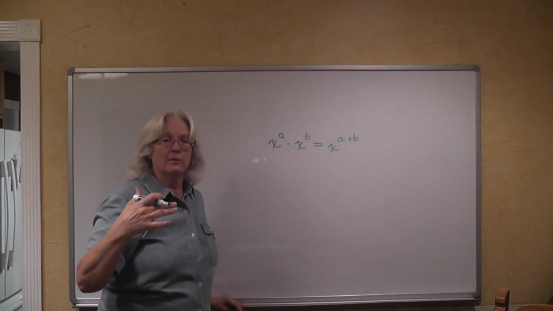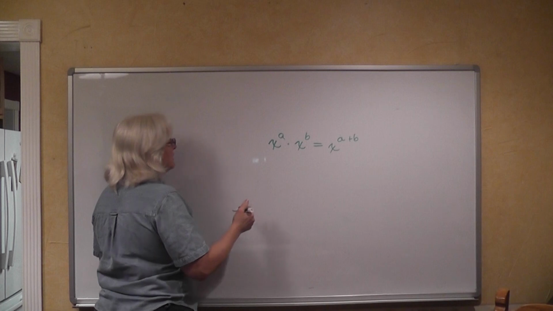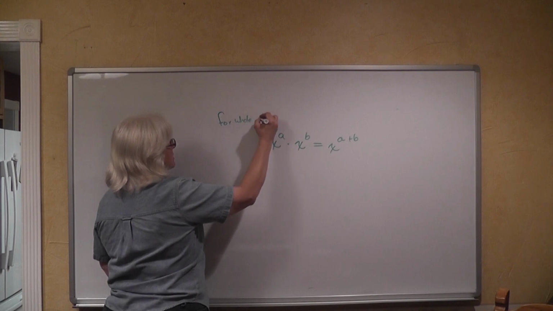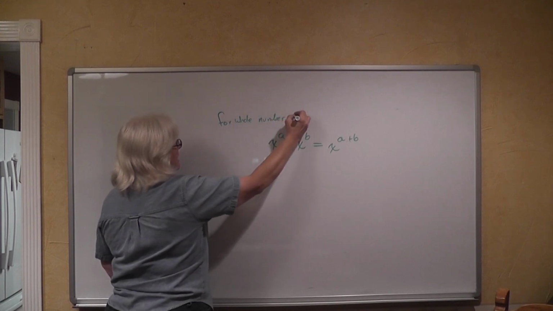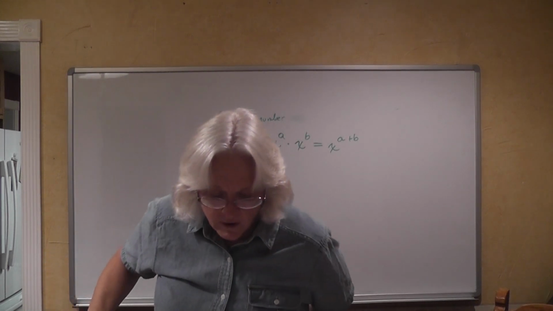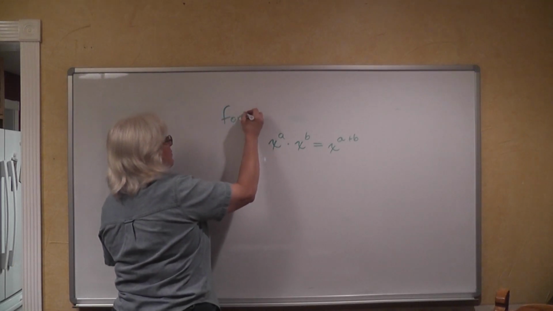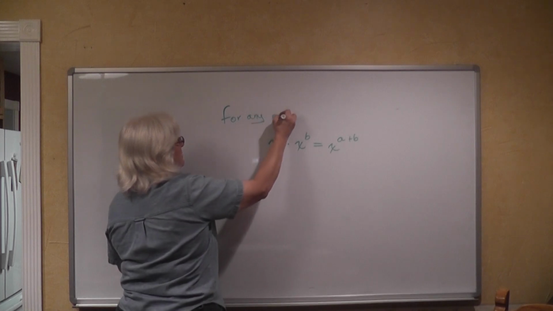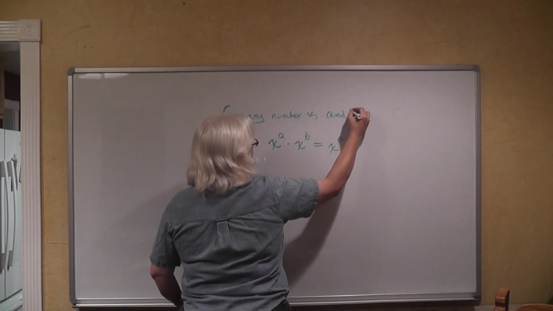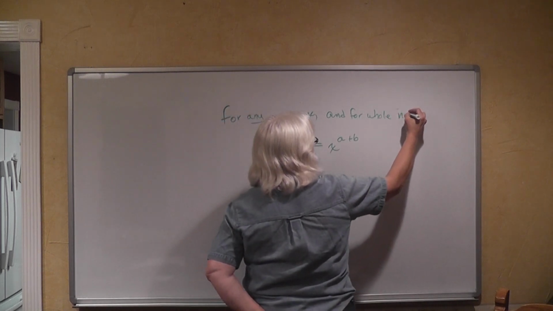And the first part of this definition, where we're multiplying powers with like bases, says: for any number x, and for whole numbers a and b.